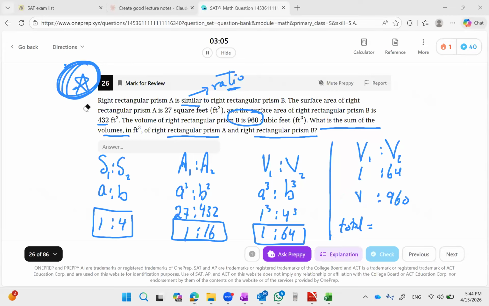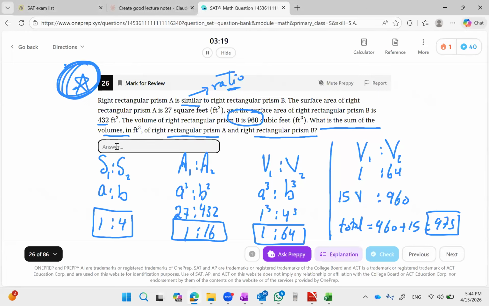It's okay, 15. So it's 960 plus 15, which is 975. After all what I did, I wanted to check. It's 15. Okay, 975. Let me check.